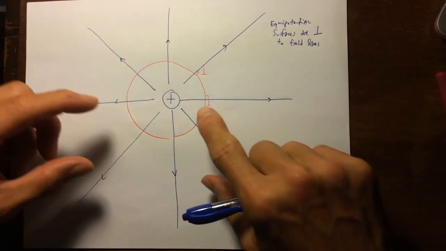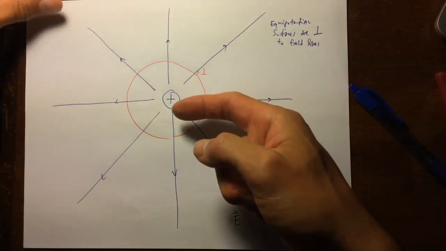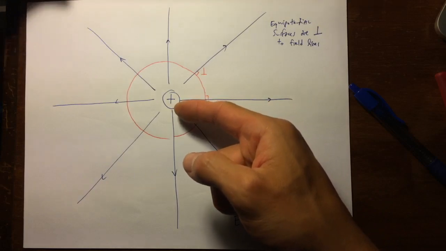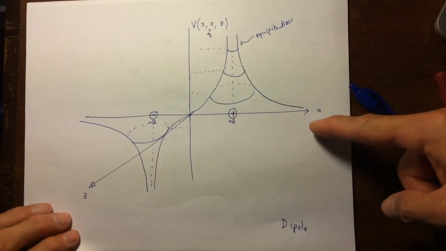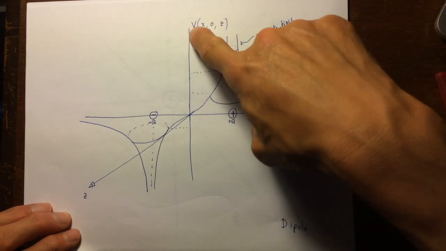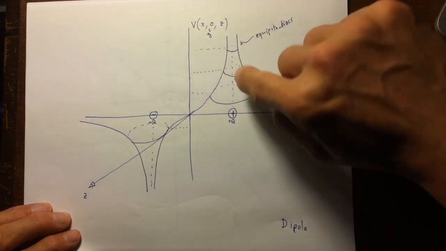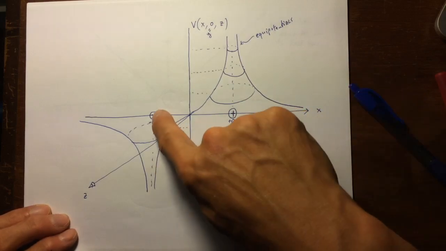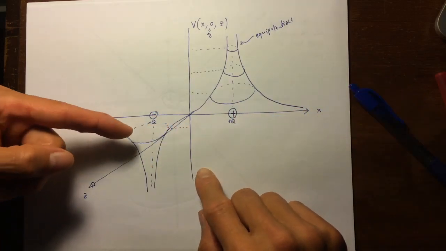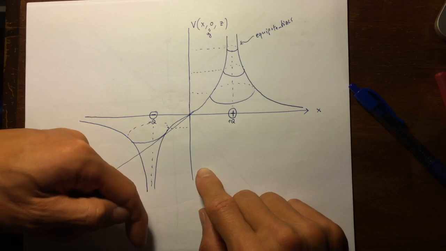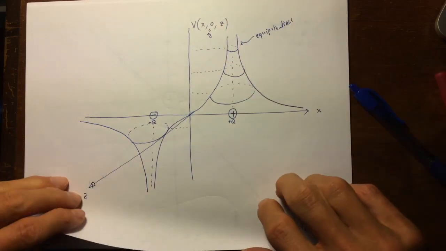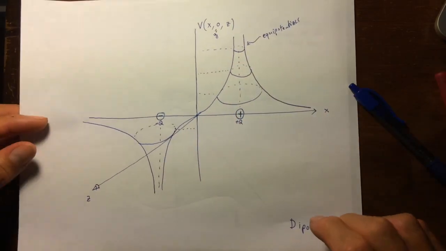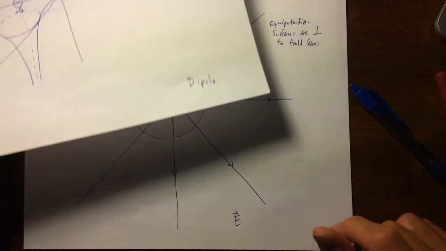As you get closer to a positive charge, the potential grows, and it grows to infinity if you stand right on top of the charge. For negative charges, as you get closer and closer, the potential goes to negative infinity instead of positive infinity. So that's how the potential works nearby plus and minus.